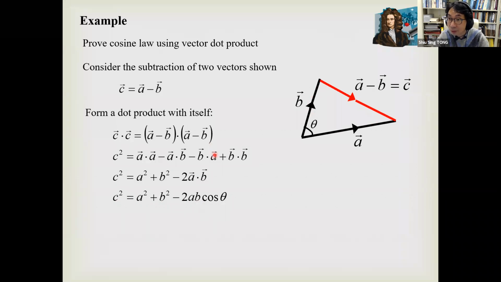Now you are able to prove it using a few lines with the dot product. Okay. In high school, you may have proved this formula by looking at the complicated angle, the projection, whatever. But now you'll be able to prove it in just a few lines with the dot product.